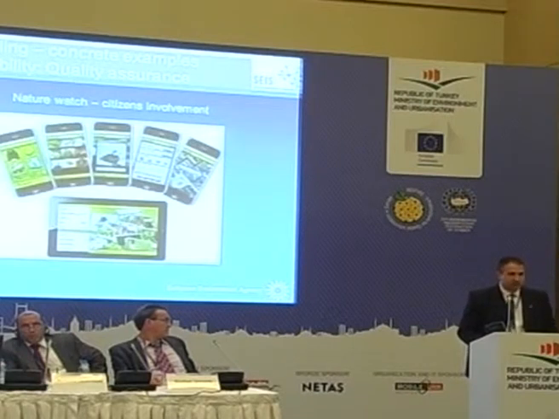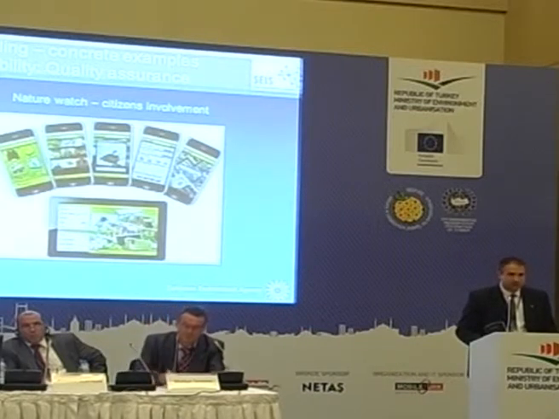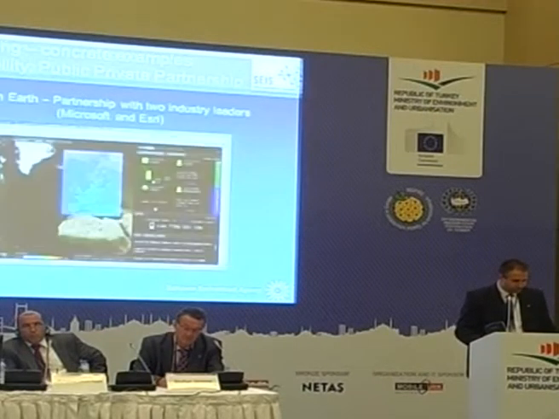So I'll go through a few concrete examples of what is meant. So we have a Nature Watch system which is involving citizens a lot to give us information on nature issues. So we have to tackle the quality assurance of those data which we receive from the public, because we do not have a clear quality control over there.